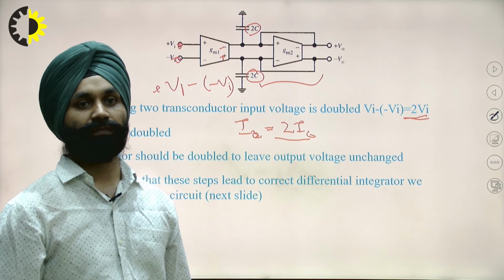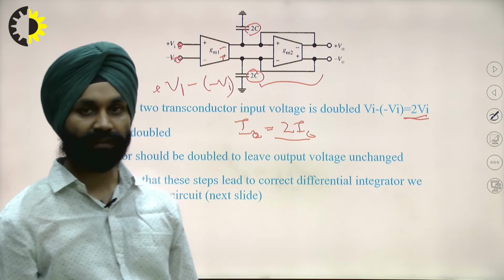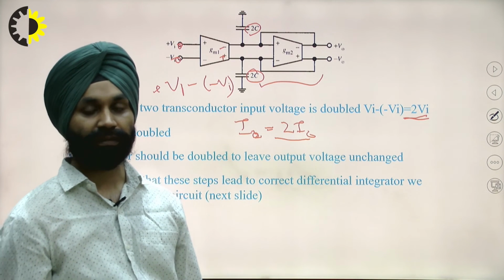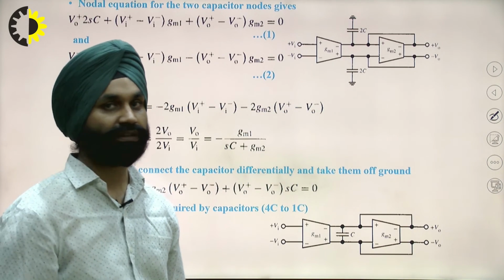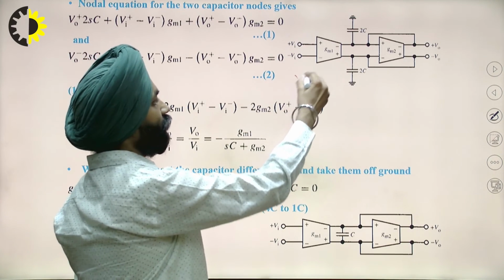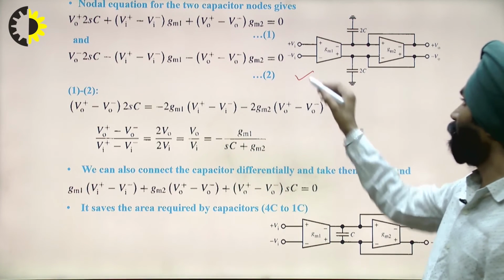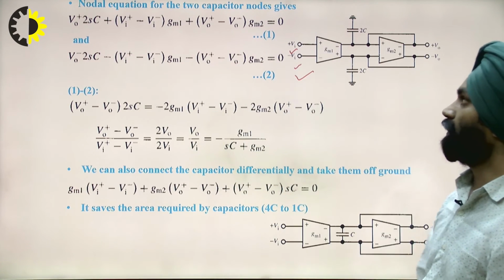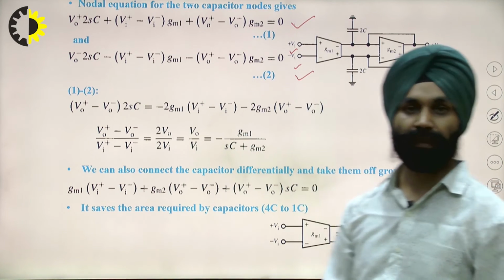Now we can analyze whether this circuit acts as a true or actual integrator or not. For this circuit, if we take the equation for the positive terminal and the negative terminal, this gives the nodal equation by this one.